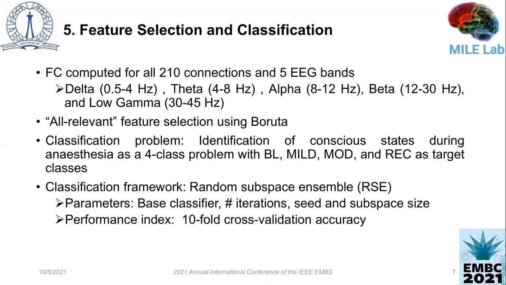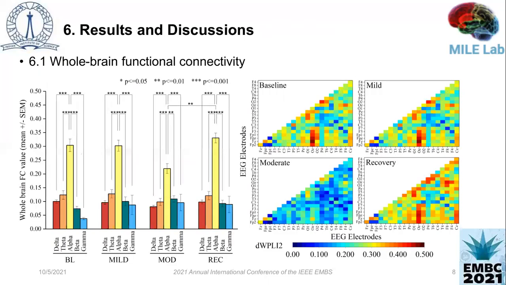The scheme actually benefits from the aggregated decision of such classifiers and provides better predictive results than probably a single classifier built on the original training set in the entire feature space. We can tune the base classifier to be used, number of iterations, seed and subspace size to yield the best performance. The performance index chosen was 10-fold cross-validation accuracy.